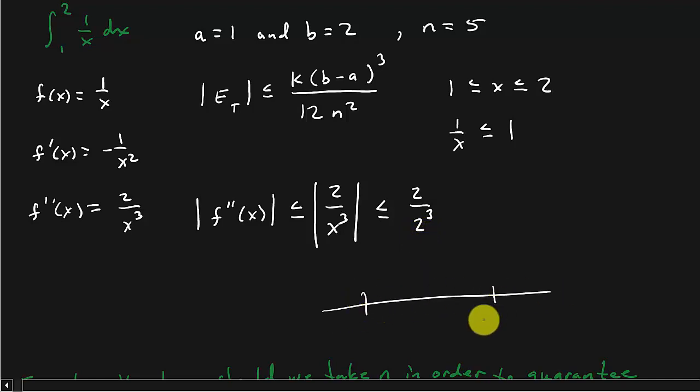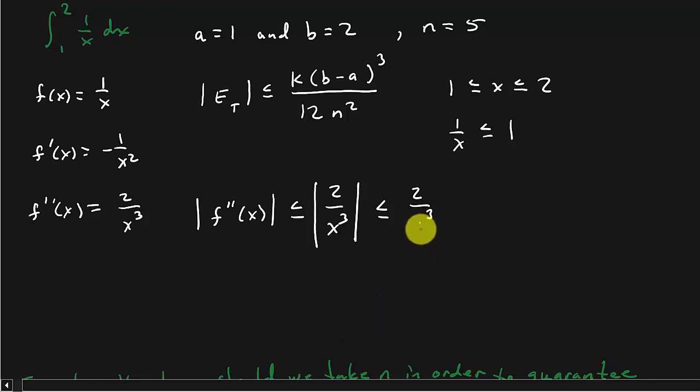You've got to understand I'm looking at the values between 1 and 2. If I plug the 2 in, that's going to give me a value of 1/4. But what happens when I plug in 1? That's going to give me a value of 2. Plugging in the 1 is the largest value I can possibly get over this interval. That's what you're looking for.